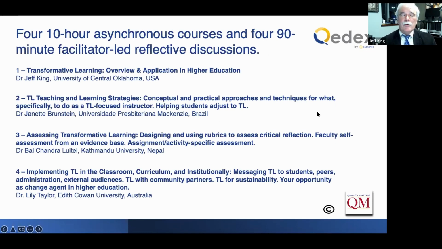So you can see that when you do the math, going through these 4 courses equals about 46 hours worth of training in how to be a faculty member teaching using transformative learning focused approaches. And roughly it would take in the cohort model about 3 months.